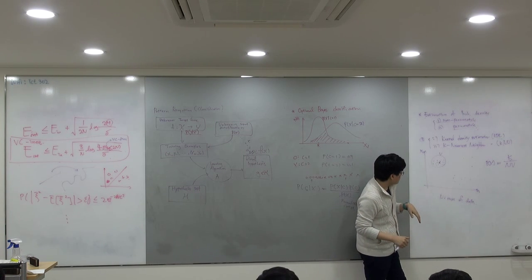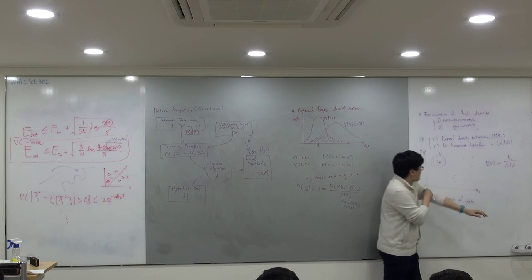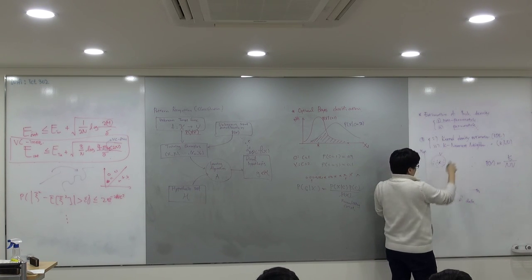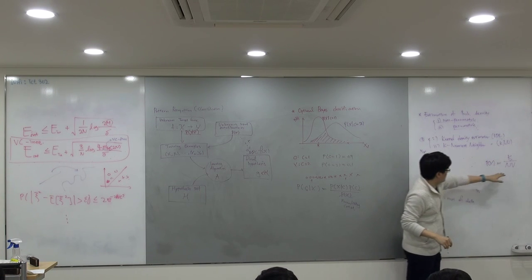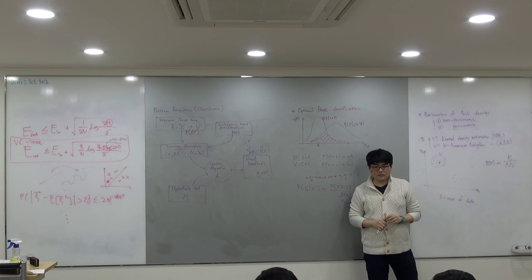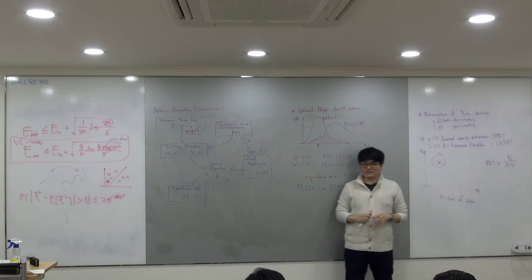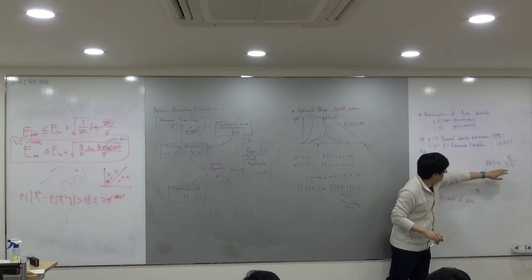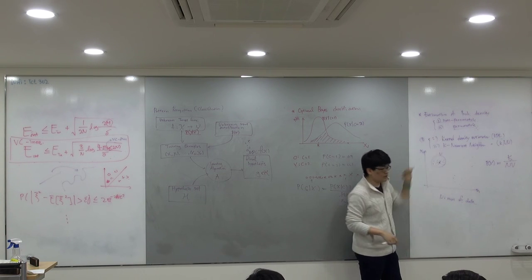So you need to divide by n, and also if you increase the volume, then you will get any number of K, so you need to divide by V as well. So this is a very simple density estimate. And this is the core principle shared by these two algorithms.